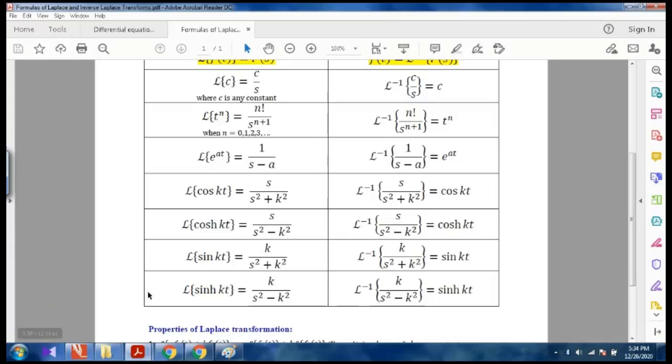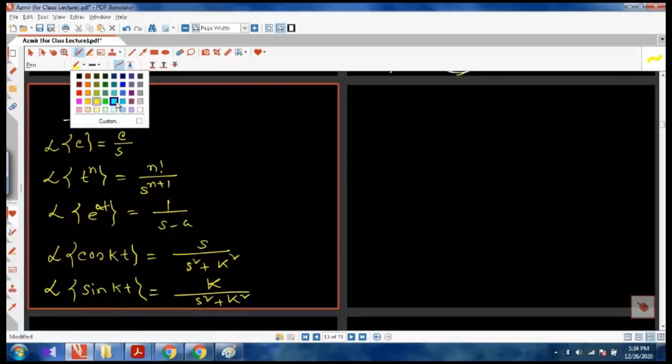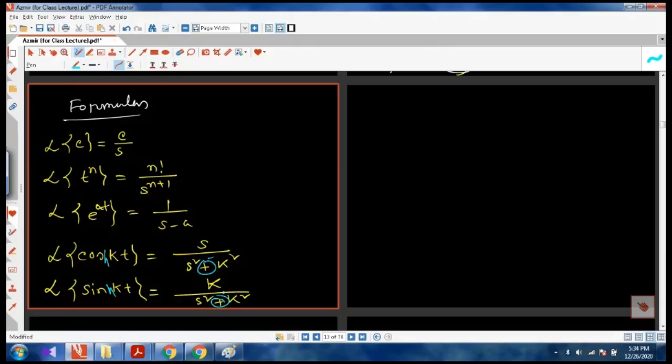Also, if we have the Laplace transformation of hyperbolic cosine kt, then instead of plus, it will be negative. Similarly for sine hyperbolic kt, instead of plus, we use minus. These are the formulas for hyperbolic cosine and hyperbolic sine.